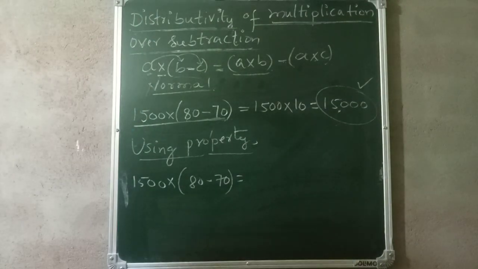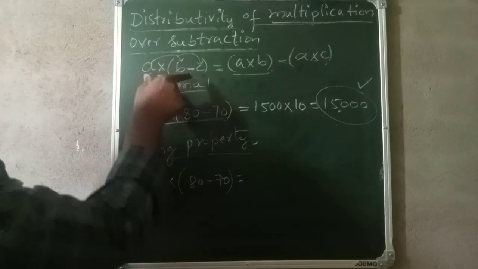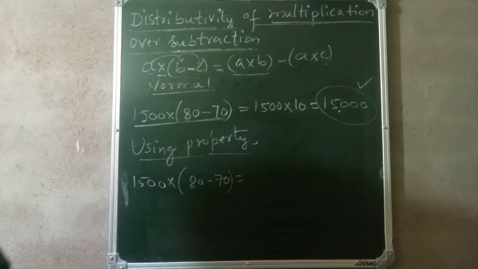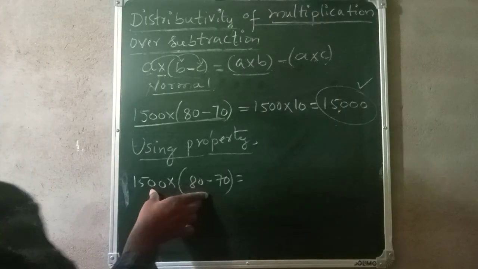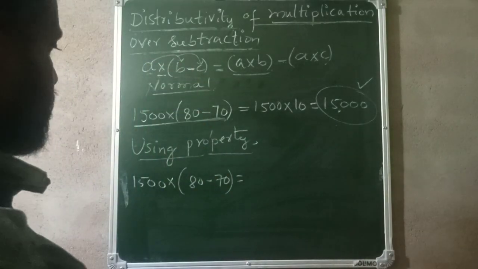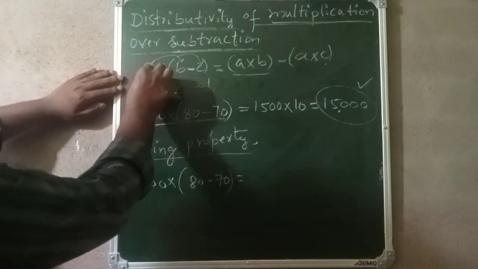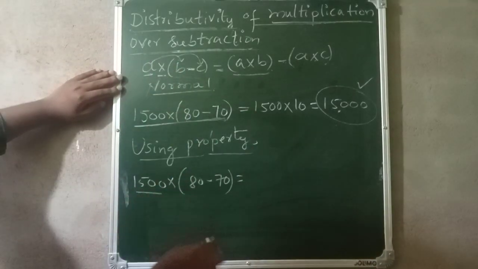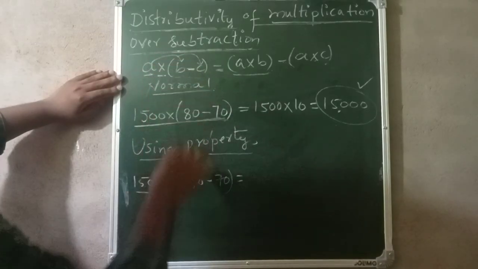Now we can see this is in the form of a into b minus c, correct? Yes. This is in the form of this. So in place of a we have 1500 into bracket.